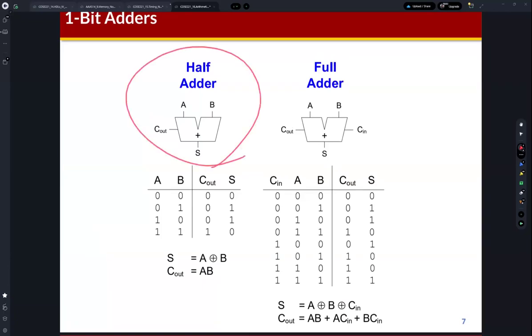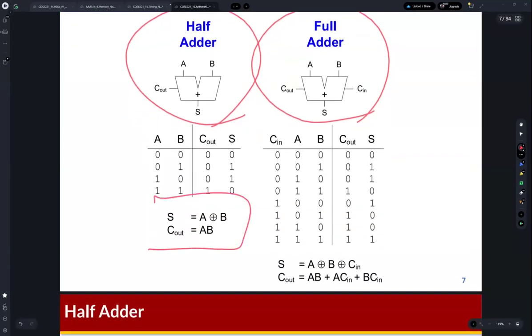So we can define half adder and full adder, and then as I mentioned, full adder has 3 inputs and then 1 sum and 1 carry out. Half adder has 2 inputs and then 1 sum and 1 carry out. And then you can find the Boolean equation. Okay, so usually for sum, the sum is the exclusive OR of the inputs.